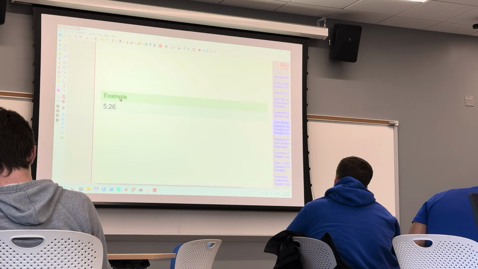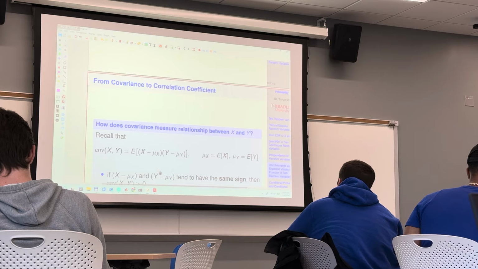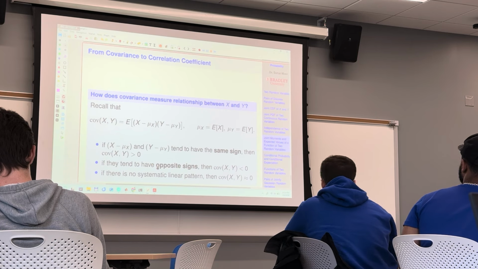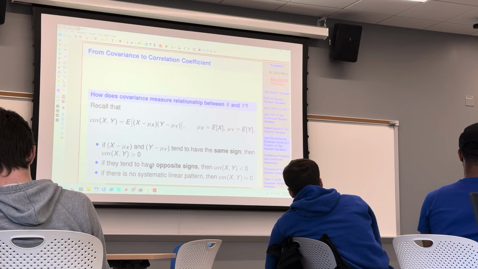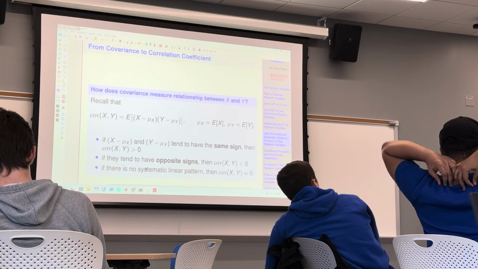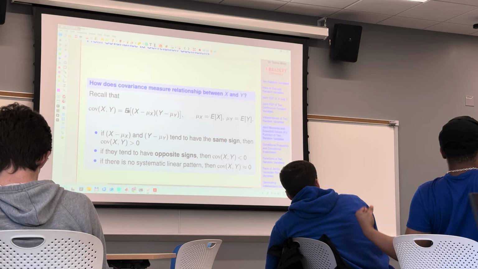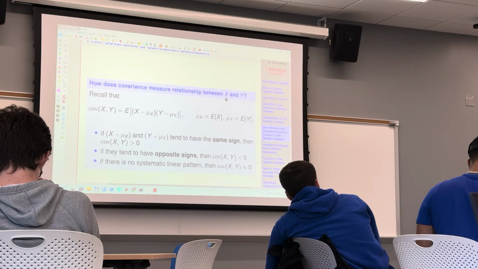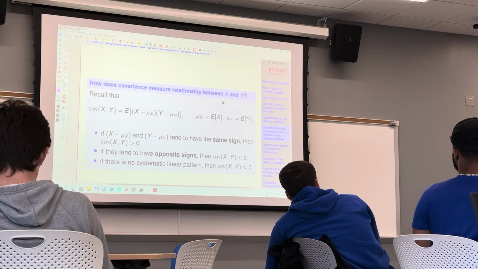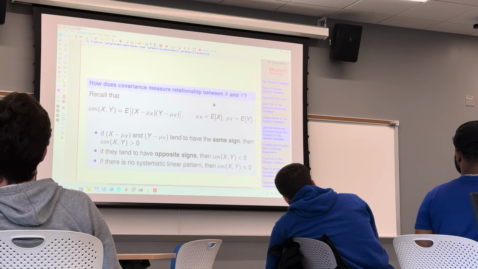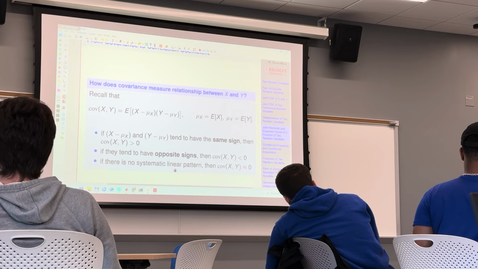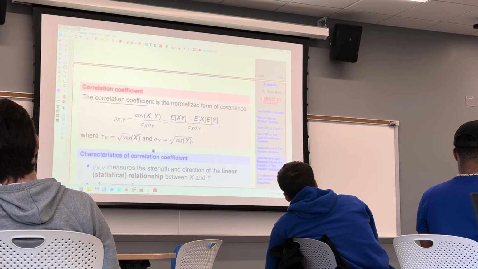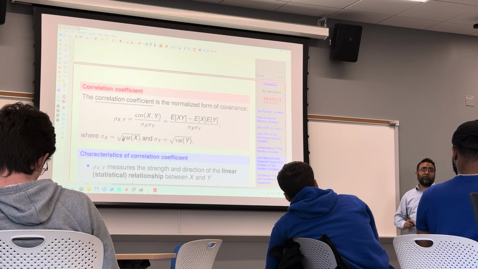So I have another example from the book. How does covariance measure the relationship between x and y? This time we are trying to find the relationship, and that relationship comes from the correlation coefficient.